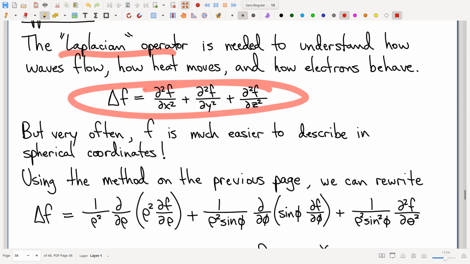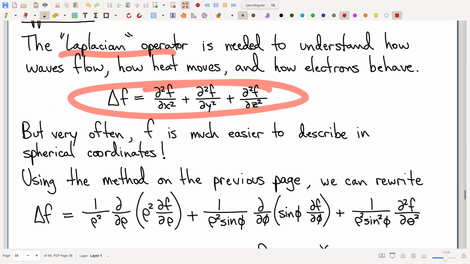And it's awkward to work with sometimes because you notice you have to take a bunch of second partials. Partials are relatively easy to take, but nevertheless sometimes they can get a little tedious, and that is going to come up in what we're going to see in a minute.